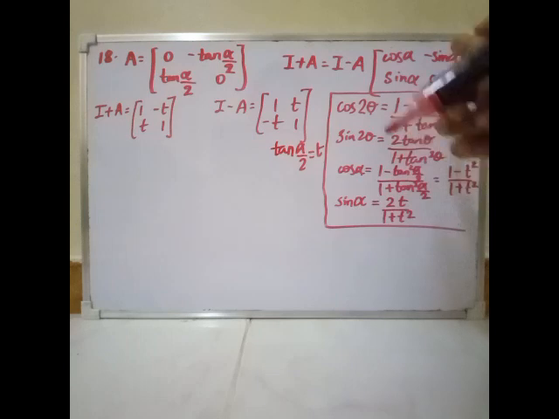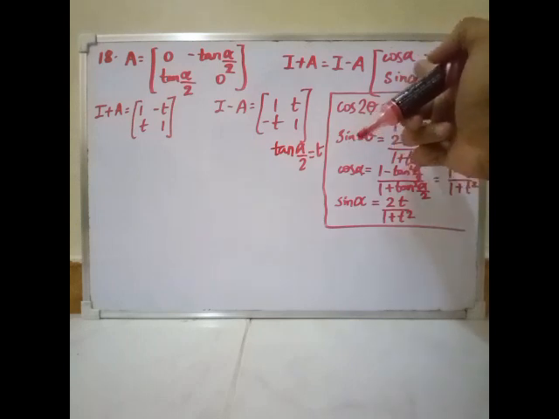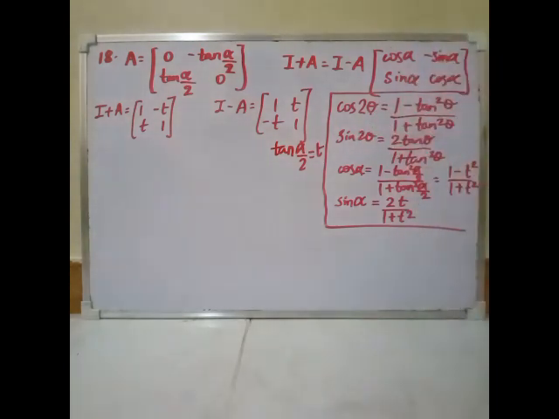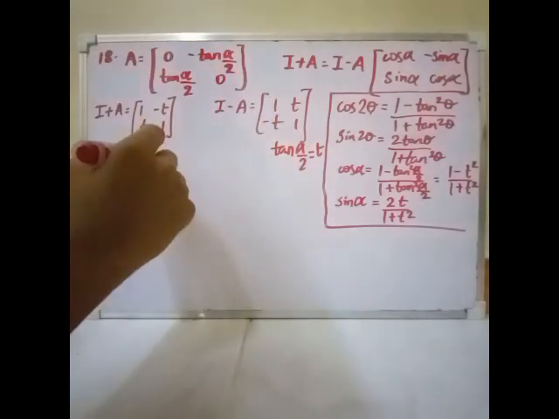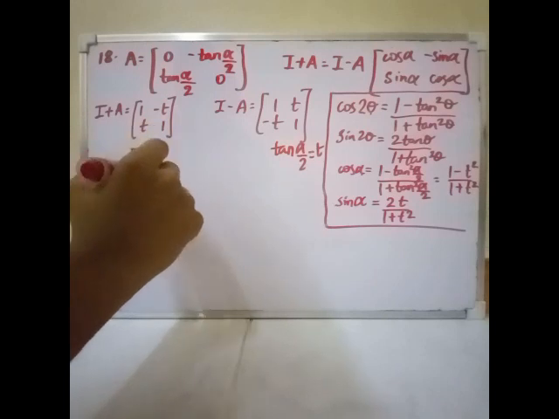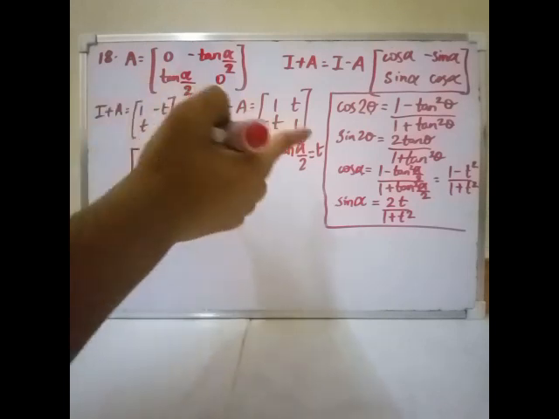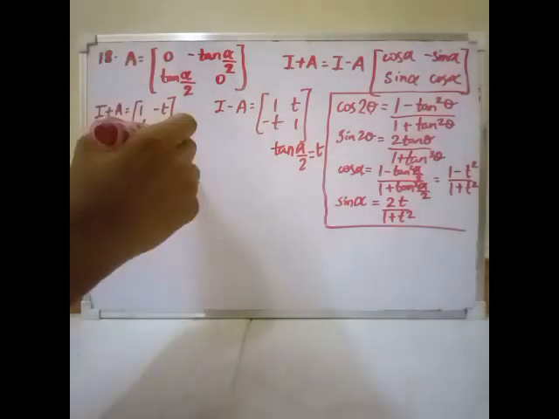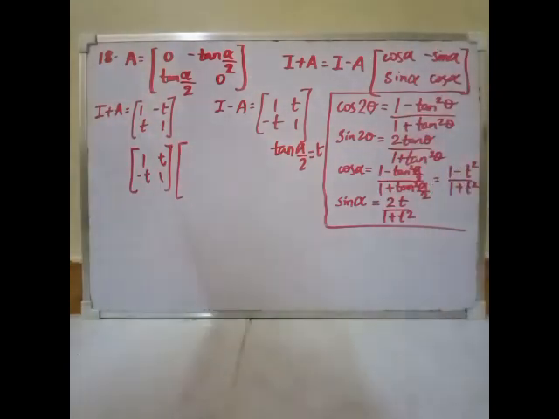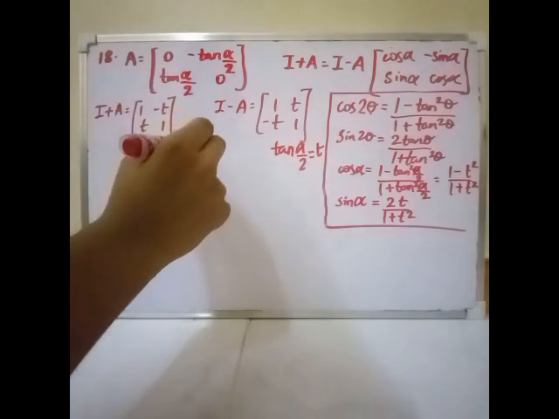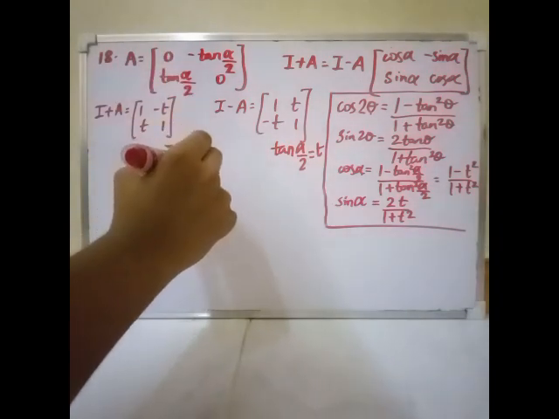So writing the same thing, now replacing this part of the equation with this one, and I minus A we already found out, it is this one, 1, t, minus t, 1, and instead of cos phi we can put 1 minus t squared by 1 plus t squared.